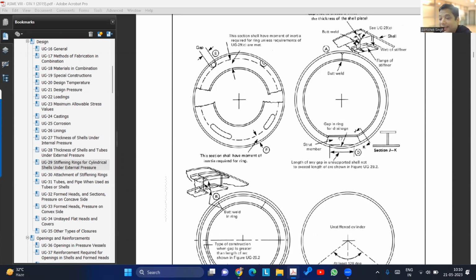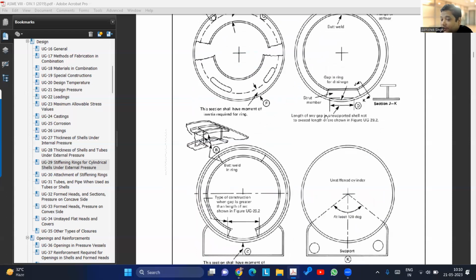Okay. So first of all, like I said, it's not a baffle, it's a stiffening ring because you're using it in design as a stiffening ring. So definitely you can use. Second question is related to how much gap you can have. This is what is indicated here. The gap in the ring, here we are using it for draining purpose, but the length of any gap shall be as per 29.2.